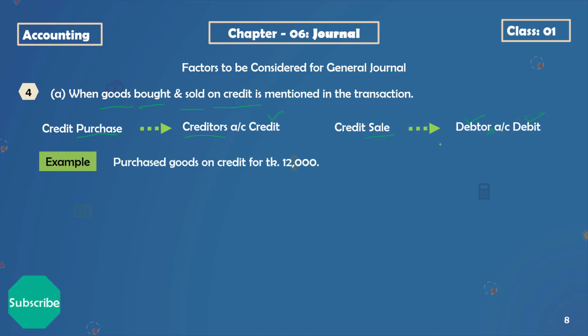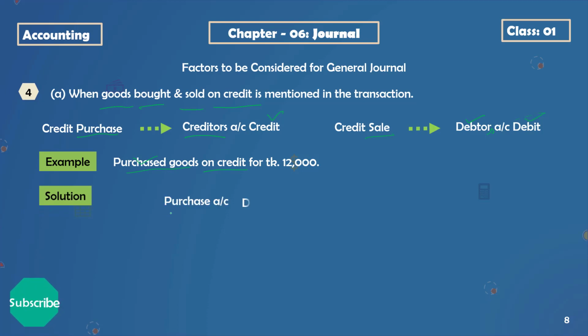Look at this example. Purchase goods on credit for taka 12,000. Purchasing of goods on credit is mentioned here. So you have to credit creditors for credit purchase, and the other account is purchase account, which will be debited.